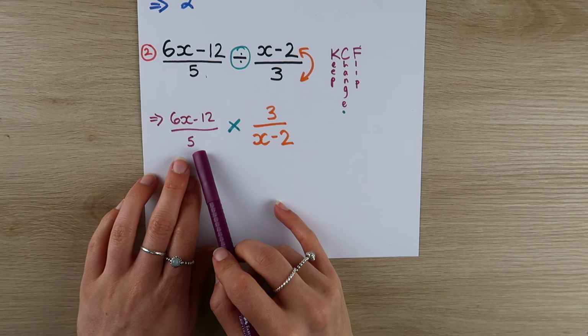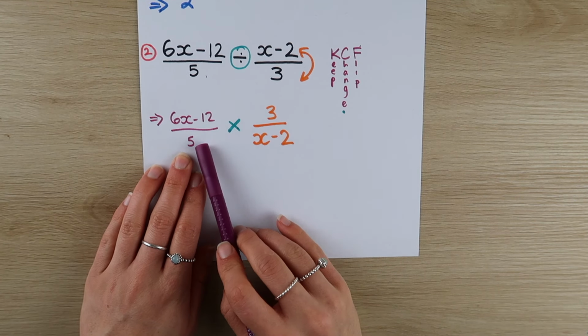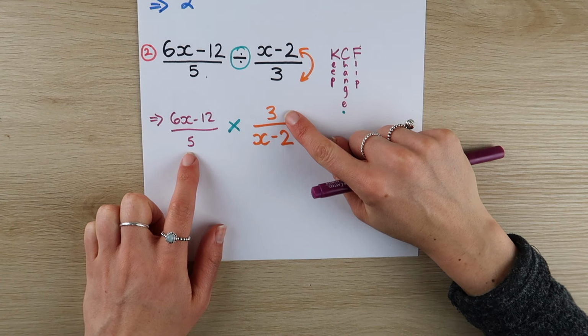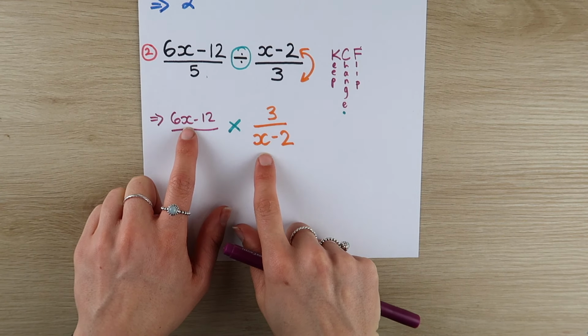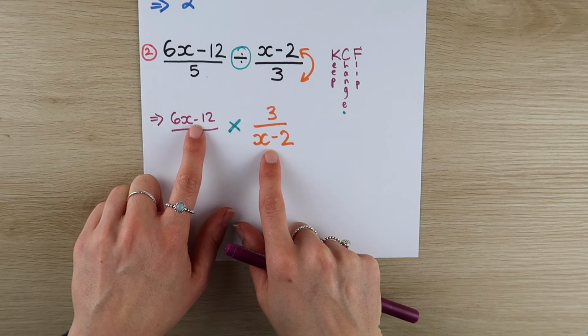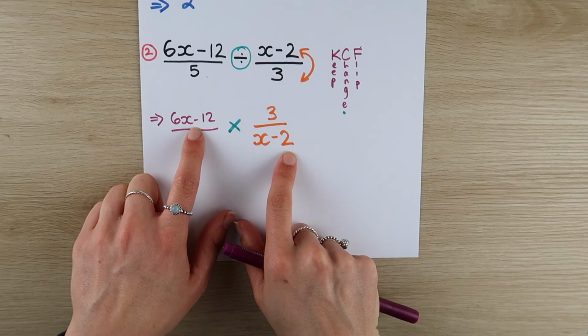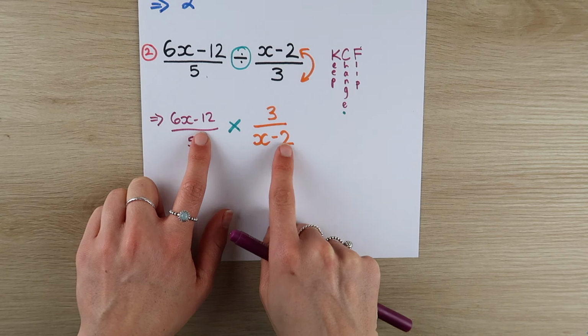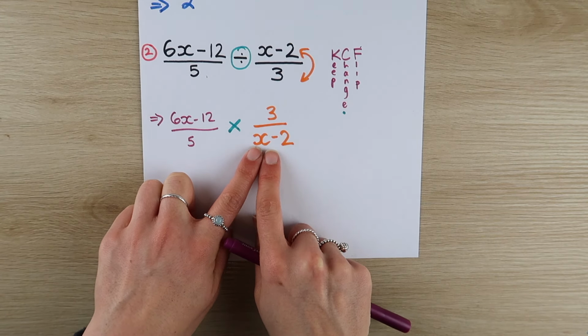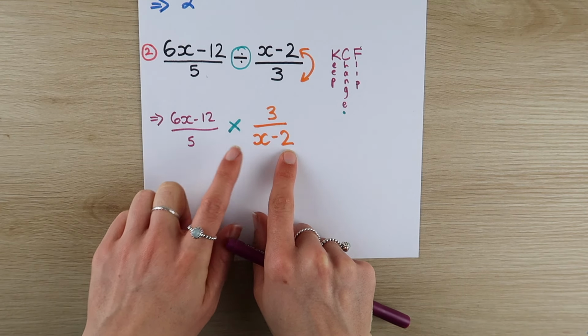At this stage, I want to be able to cross cancel. Now there are no common factors between 5 and 3. However, I may be able to find a common factor between 6x minus 12 and x minus 2. The best way to work out if I can find a common factor is to first factorize both. Now this is already in fully factorized form, I cannot factorize that any further.